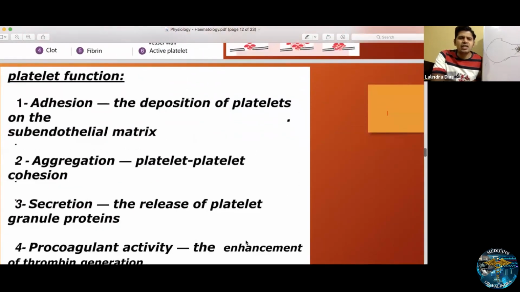So platelet function, I told you, adhesion, that is deposition of platelets on the subendothelial matrix. So when there's a defect like this, here there's a defect, platelets come and sit here.